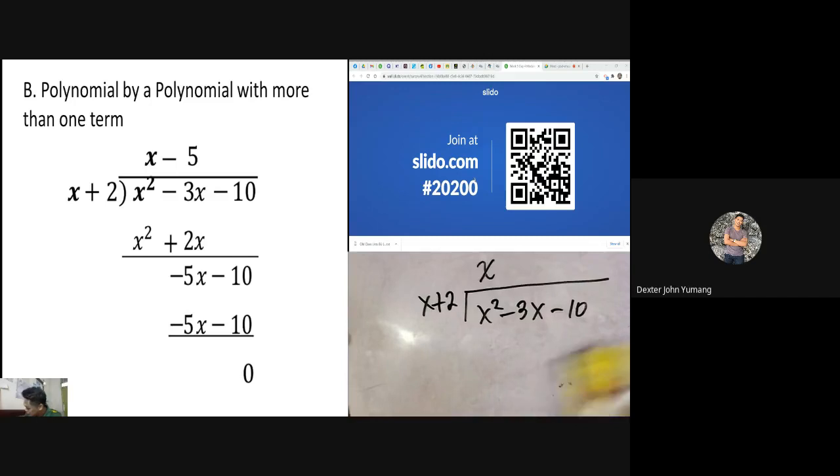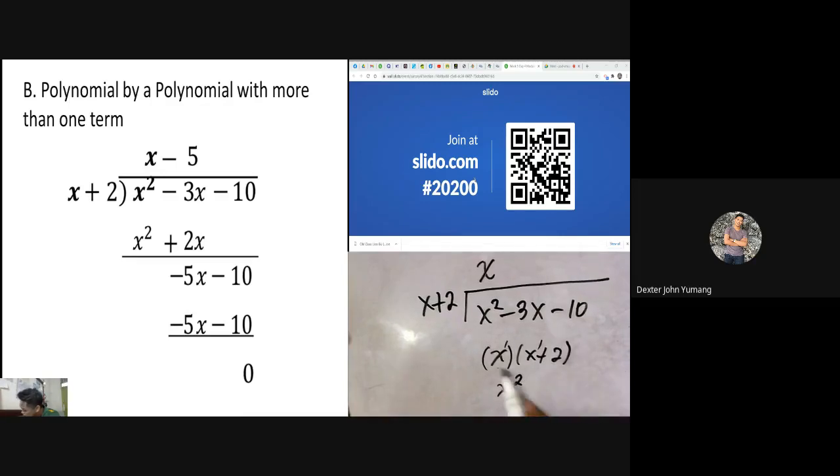Then you scratch that out, in other words. Then x is multiplied here by x plus 2. When multiplying, just add the exponents with the same base. Is the base of x the same? Yes, x is the base. So when they are multiplied, add the exponents. Invisible 1 plus invisible 1 becomes x squared.